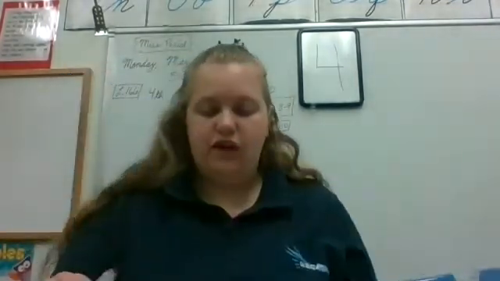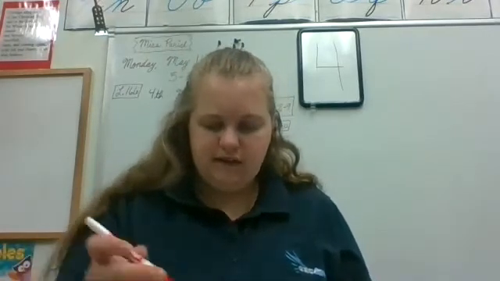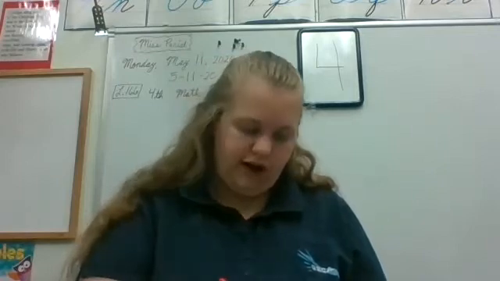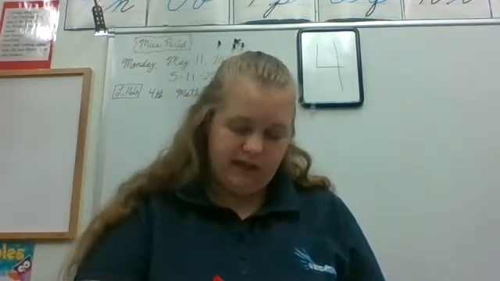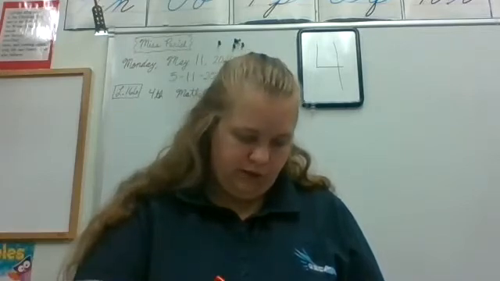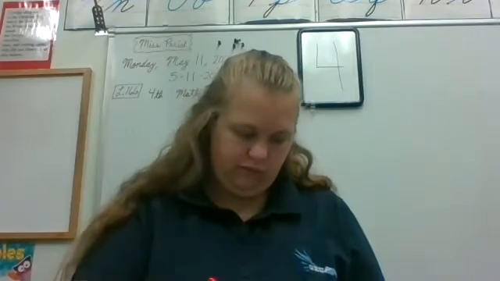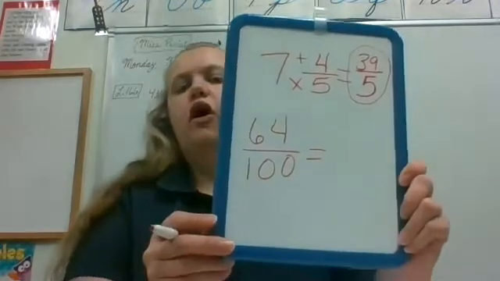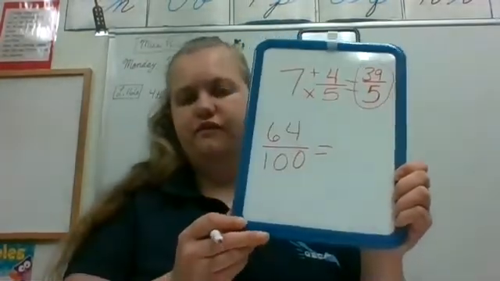You're going to see some of those as review on this page. We're also going to see changing fractions or mixed numbers to a decimal or a mixed decimal. So I'm going to put one on here. If we have 64 over 100, how do we change that to a decimal?